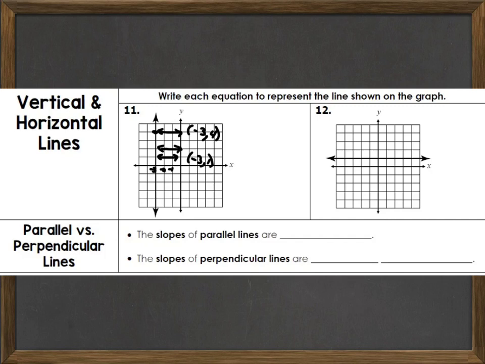If I go down here, this point is negative 3, negative 3. So my y differs, but my x is always the same. And so that's why a vertical line is an x equals line, and this line is x equals negative 3. No matter what your y is, your x is negative 3.